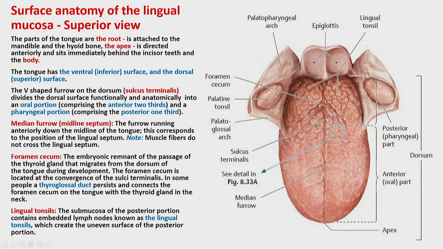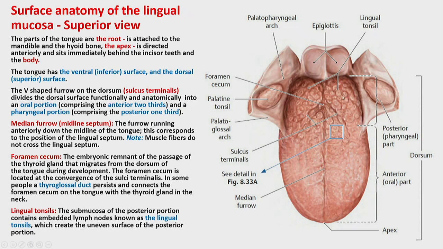You have a similar tonsil, though of course the shape is different, at the root of the tongue in the posterior, pharyngeal part of the dorsum, and it is lymphoid tissue. So it is the first defense mechanism when you are eating food and with this food you have some bacteria or some foreign body.